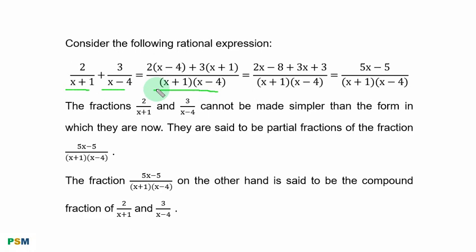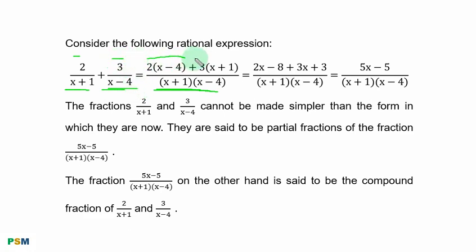If you divide the LCM by the first denominator, you are left with s minus 4 times this numerator. You have this result, plus the same LCM divided by this term. You are left with s plus 1 times this numerator.